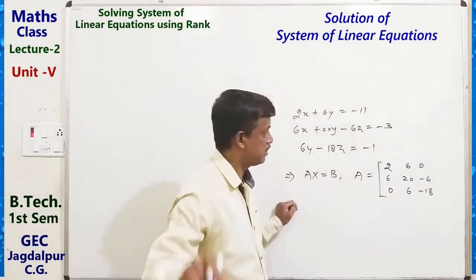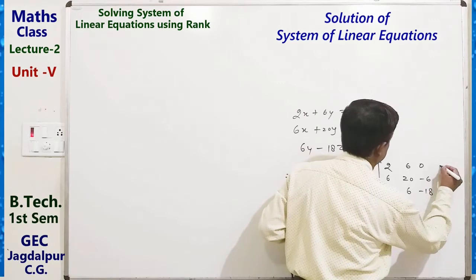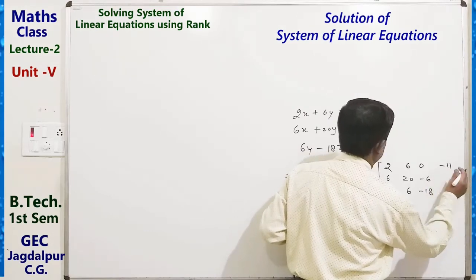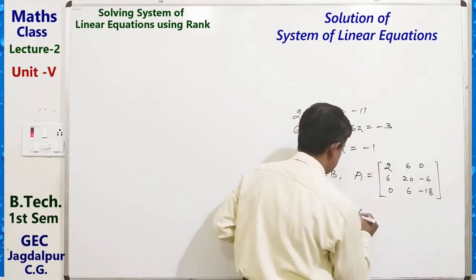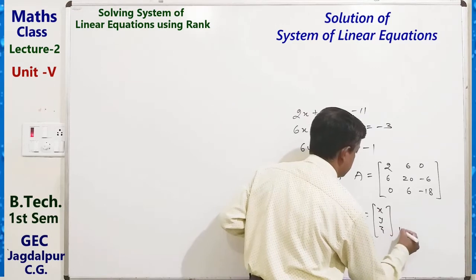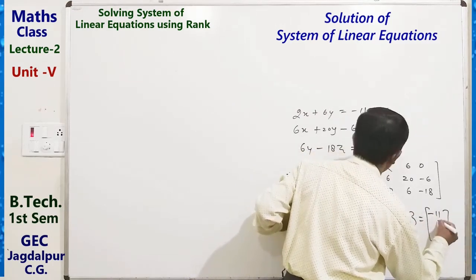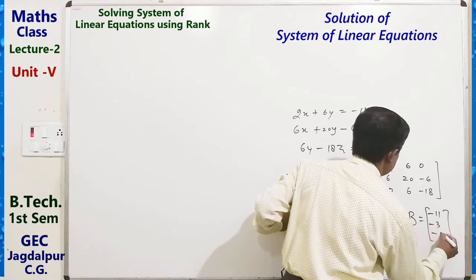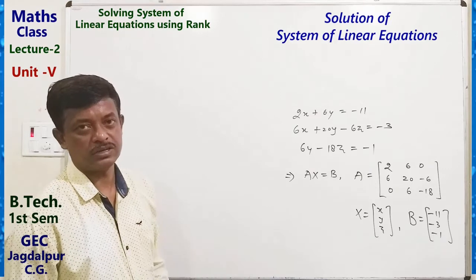And the right-hand side matrix: minus 11, 3, minus 1. x equals x, y, z. And B equals minus 11, minus 3, minus 1. This is the matrix notation.